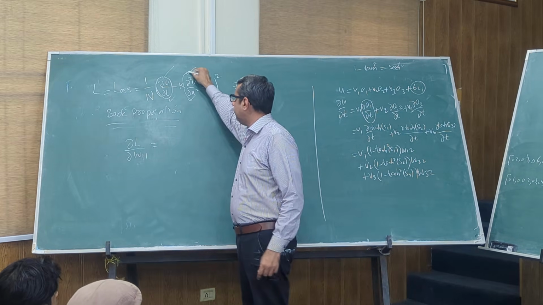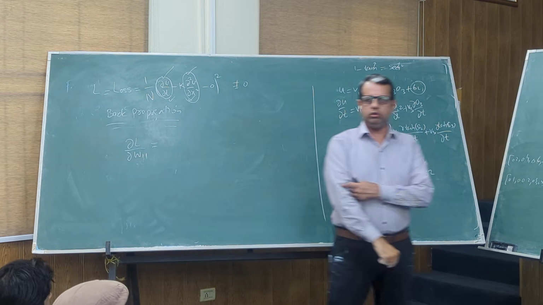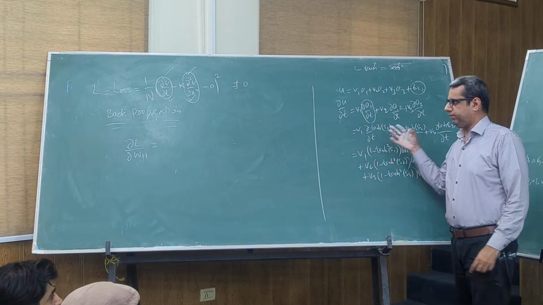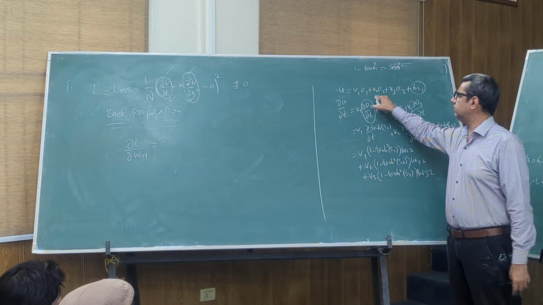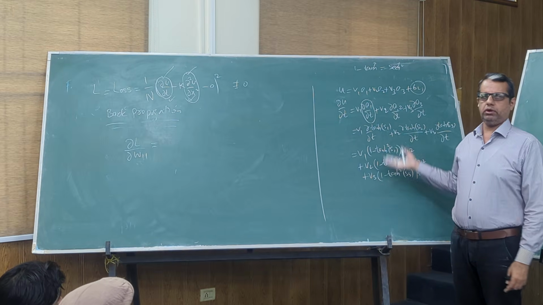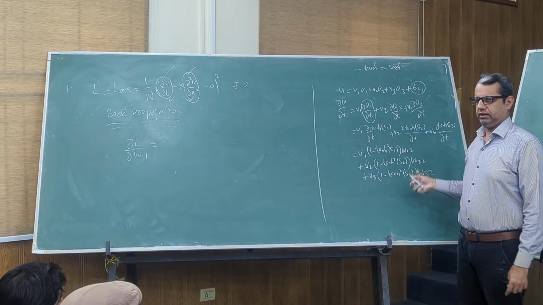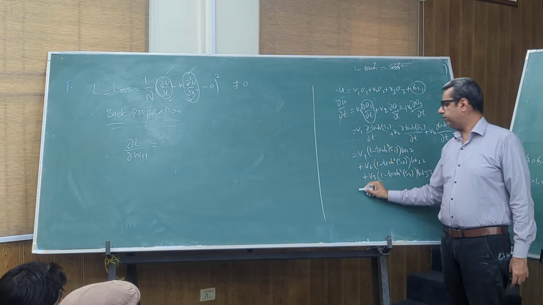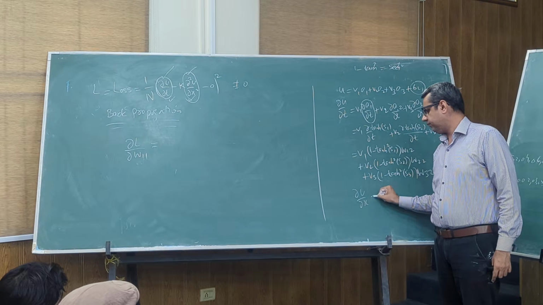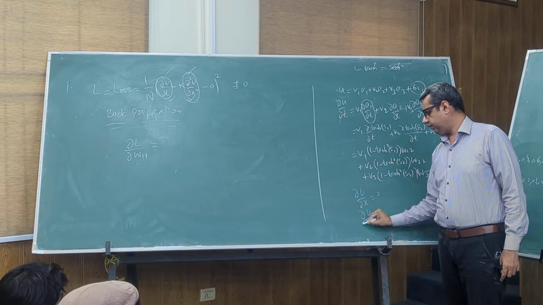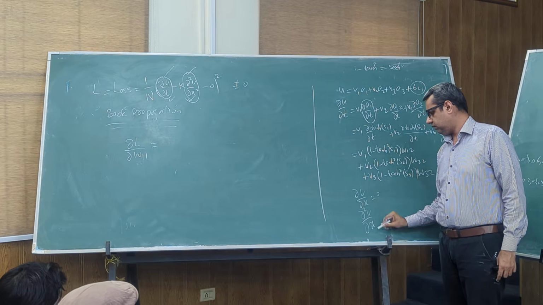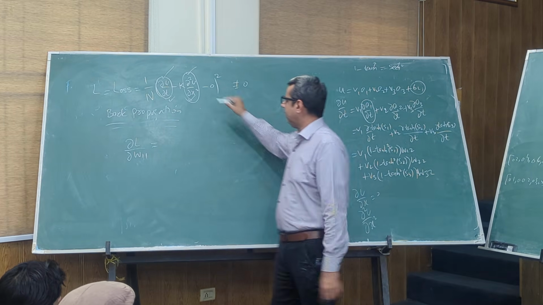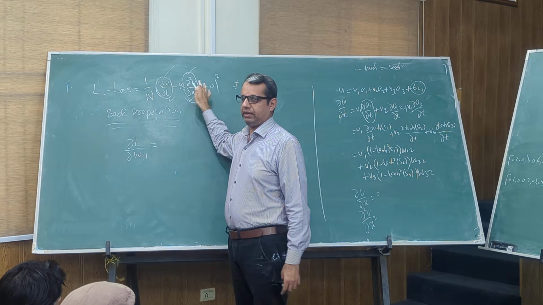And then you need the second derivative of u with respect to x. So first you calculate the first derivative, same way. This is your u. Then from that you can reach the second derivative. I am not calculating, I explain the procedure. We first have ux, and from this you will get your second derivative uxx. Once you have this information and kappa is the parameter, then you plug in here.